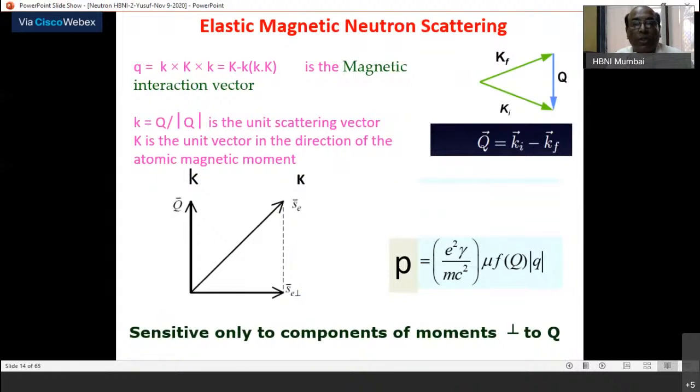Now let us go to this prefactor, or let us talk about the magnetic scattering length in terms of the absolute unit. When you do magnetic scattering from a magnetic material, at the end of the day, what do you have to say? In my first lecture, I said you have to draw the magnetic unit cell. What is the magnetic unit cell?